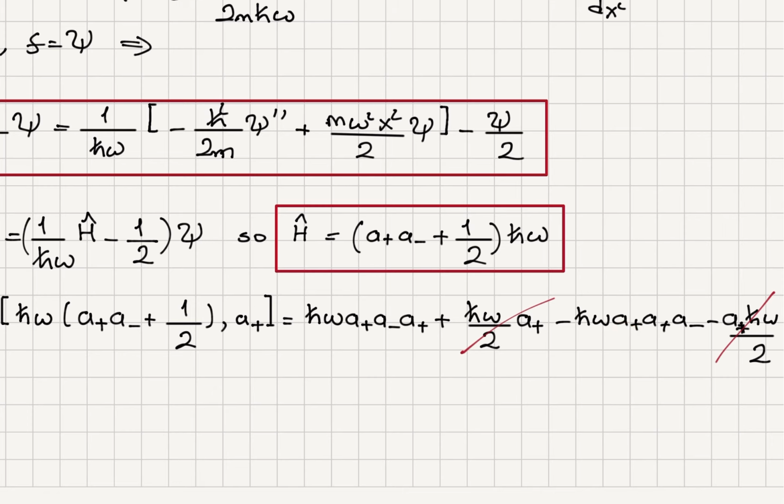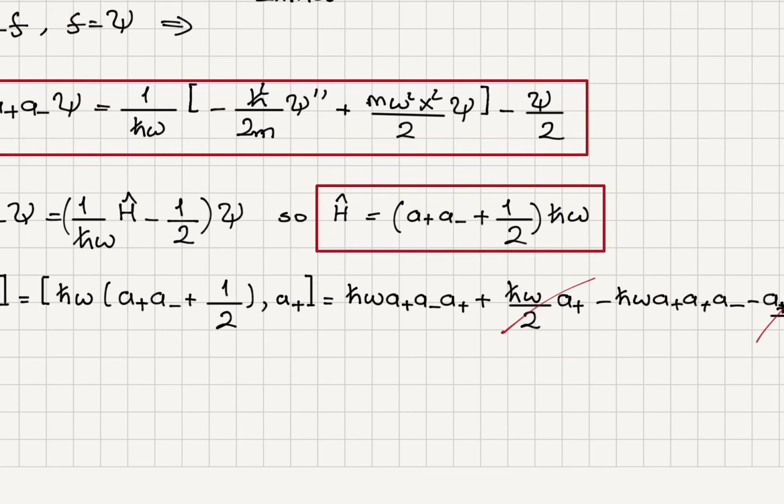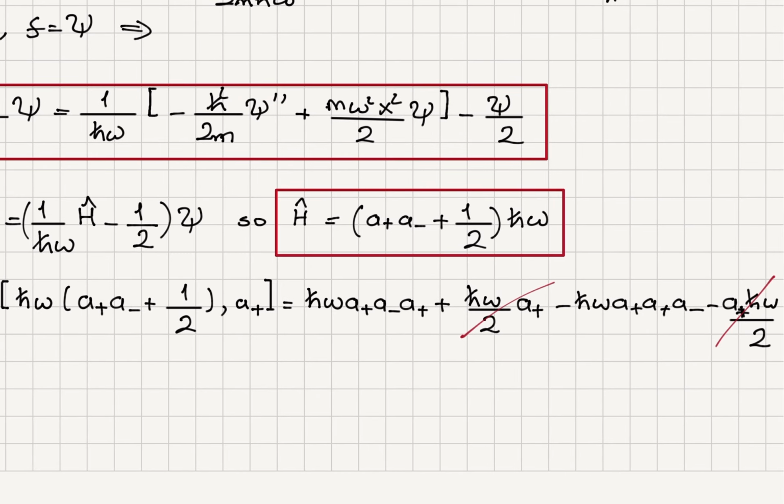So this can be written in H bar omega parentheses. This is equal to H bar omega A plus operator applied to A minus A plus minus A plus A minus.